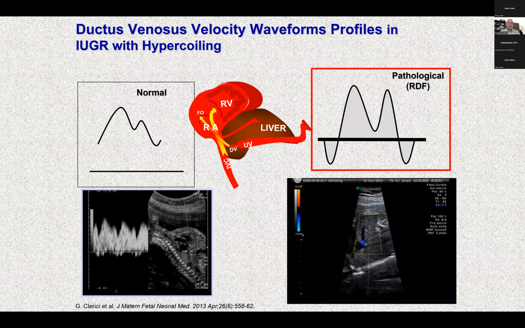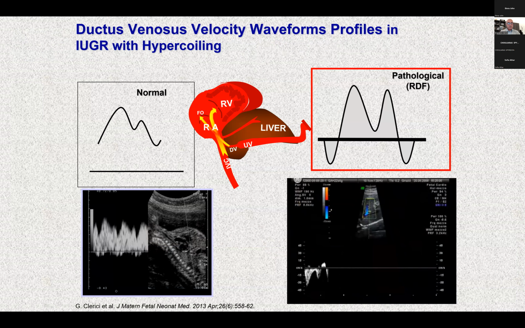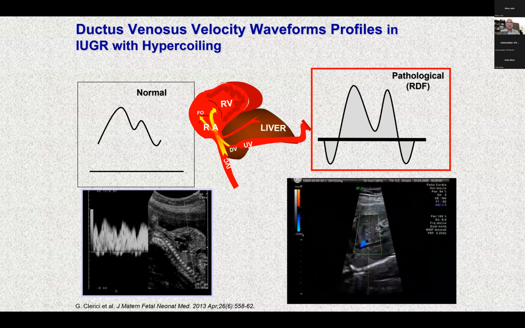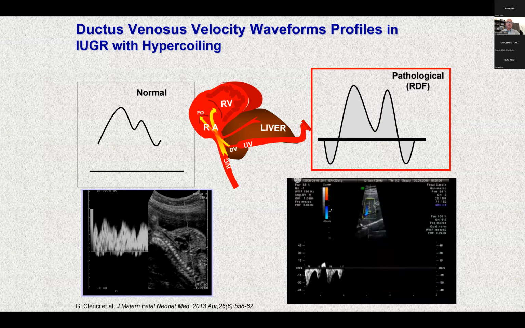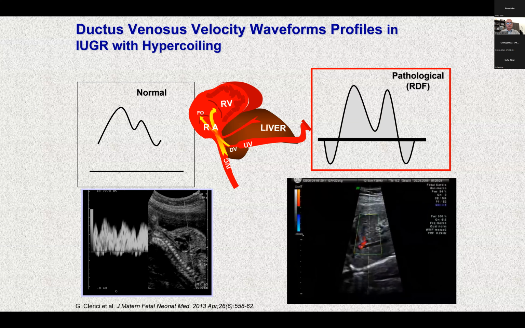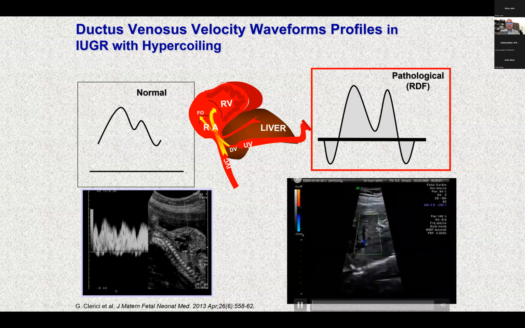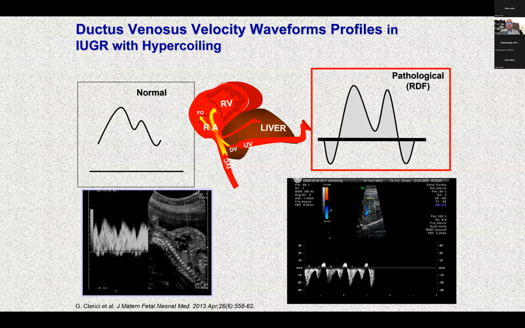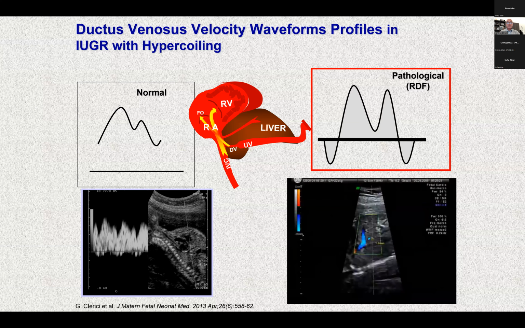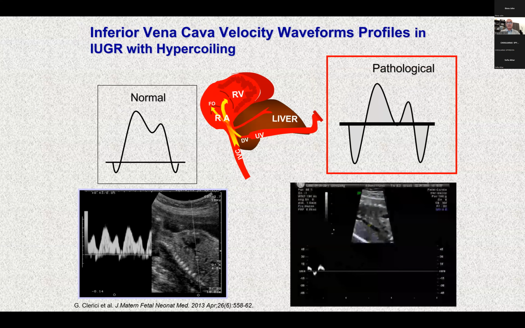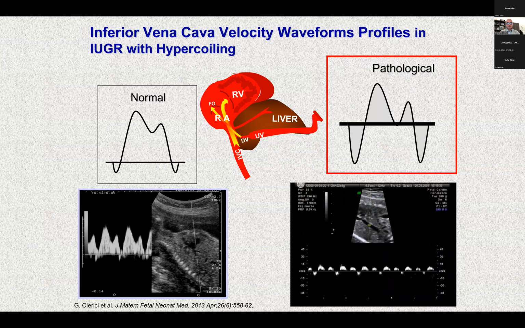Very surprisingly, I was evaluating this district with this evident alteration in the hemodynamics, for example, in the ductus venosus. You can see here the normal waveform profile in healthy condition, and we can see here what I was detecting in this condition without any alteration in the arterial district of the fetus and in the uterine perfusion.